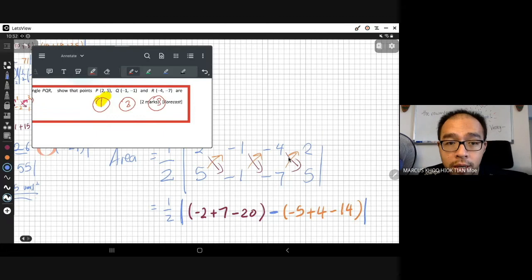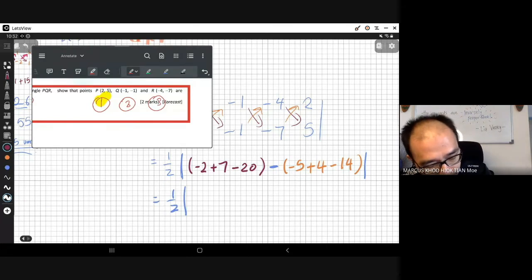Remember the sign in the middle is minus and then you take the modulus. You'll find that both are -15. Minus, then the orange is also negative 15.